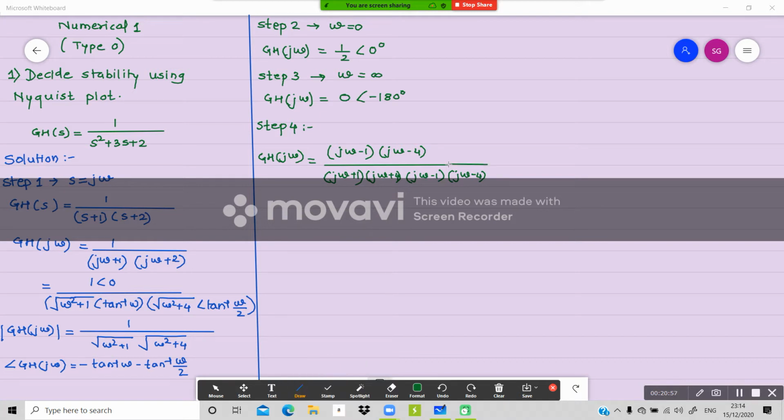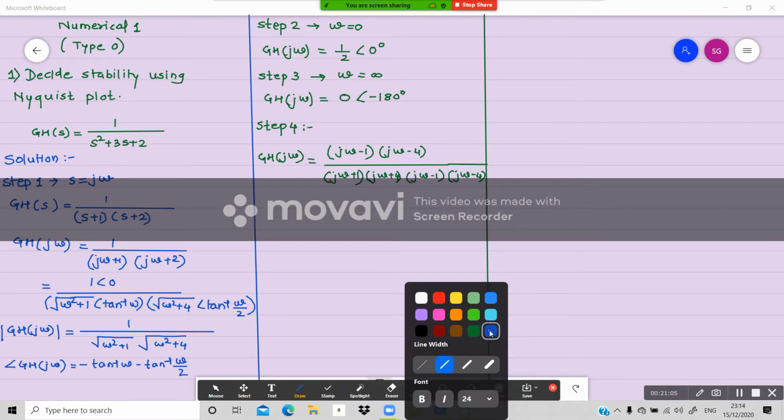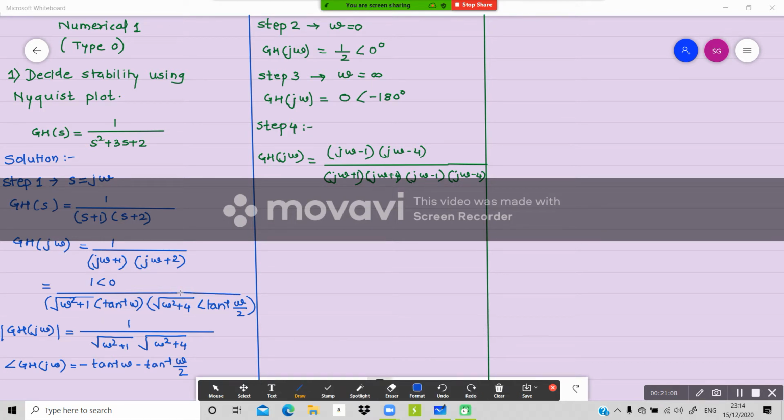So if you multiply these things, you will have j squared, that is minus, so minus ω² plus, I made a mistake over here. I should write 2, right? Because this is 2.